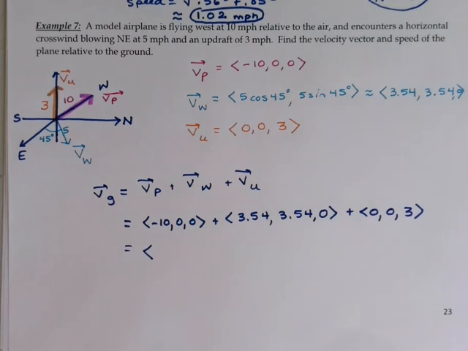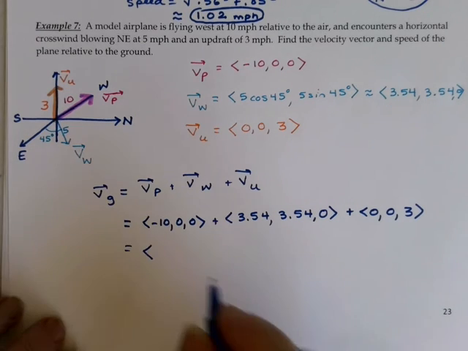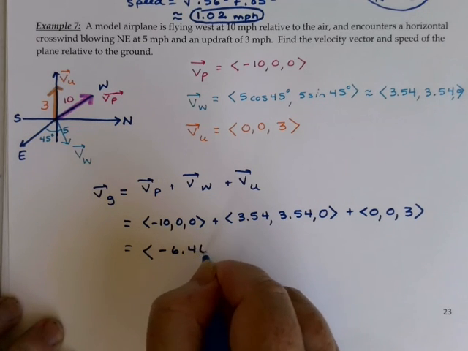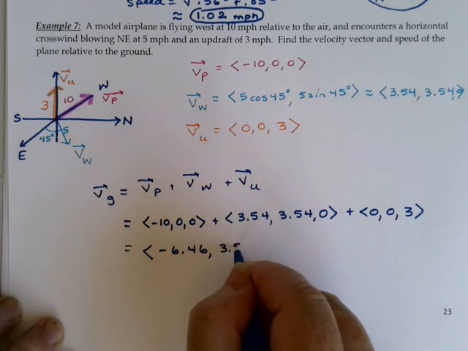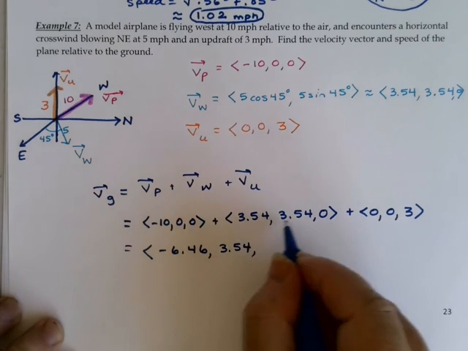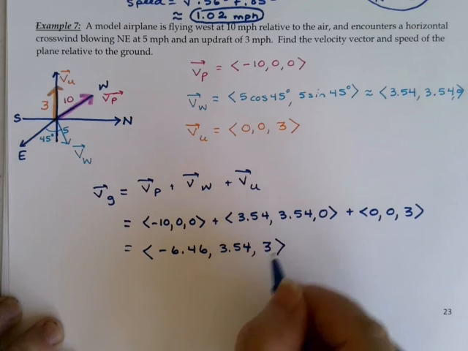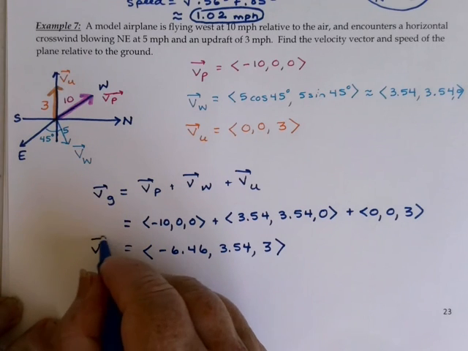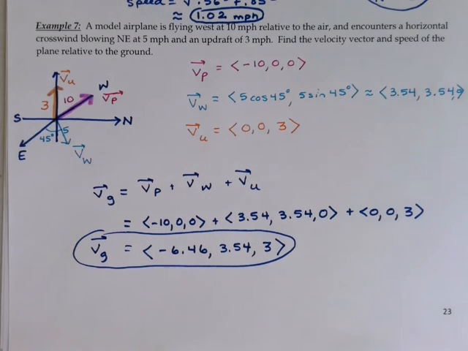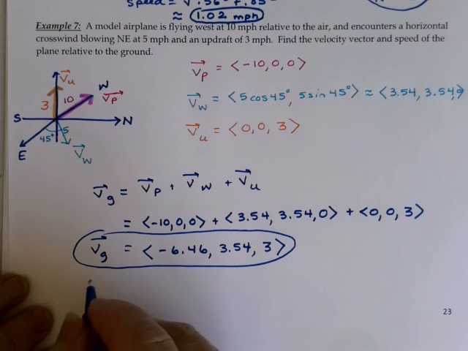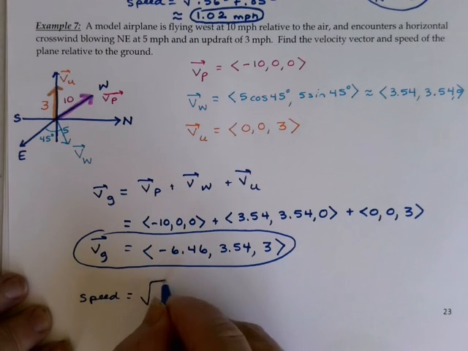Let's see, what am I going to end up with? Negative 10 plus 3.54 is negative 6.46. For y, I just have that 3.54. And for z, just the 3. So there's the actual velocity vector for this model airplane. I can, of course, find its speed by taking the magnitude of that.